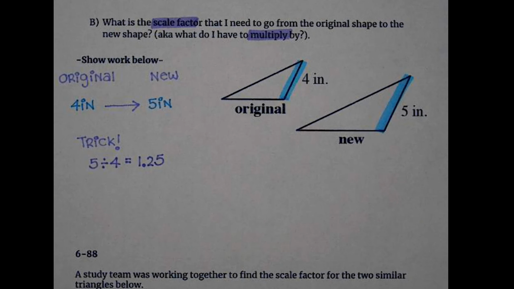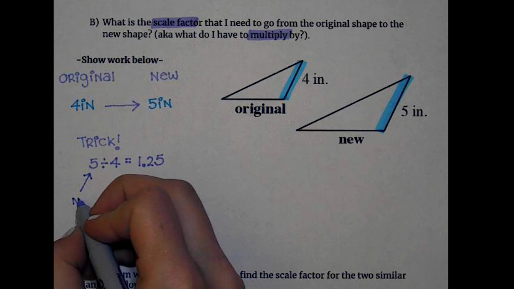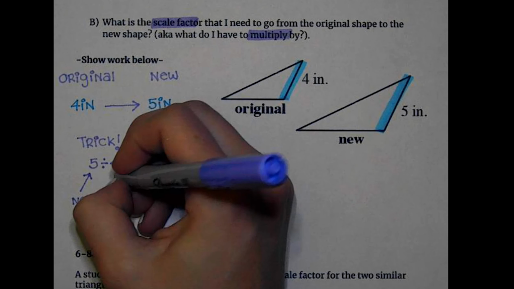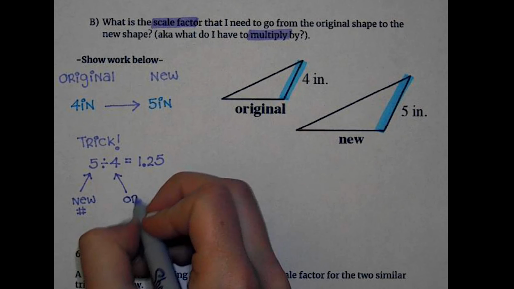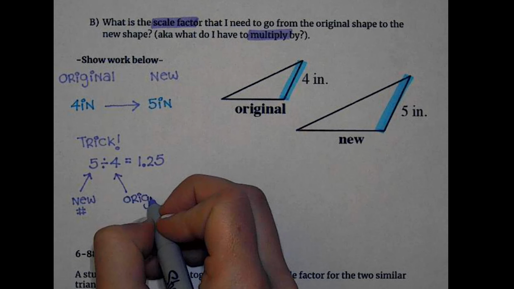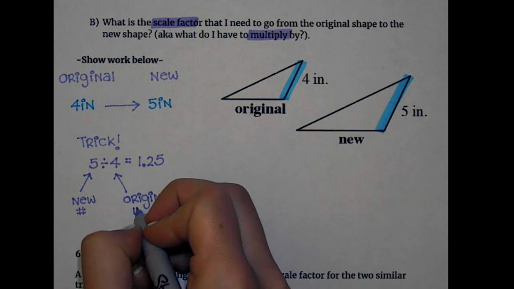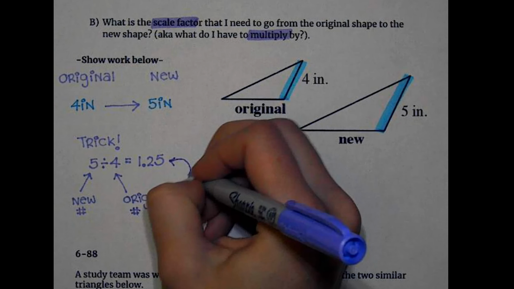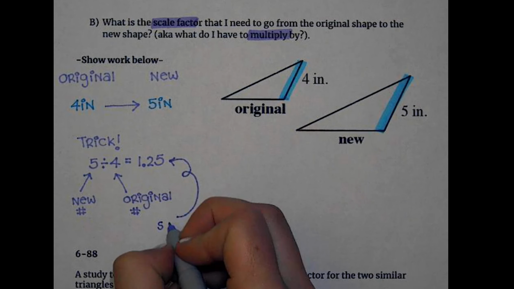So if you're ever stuck, you take the last number, so the new number, and you divide it by the original number. And you will then get your scale factor.